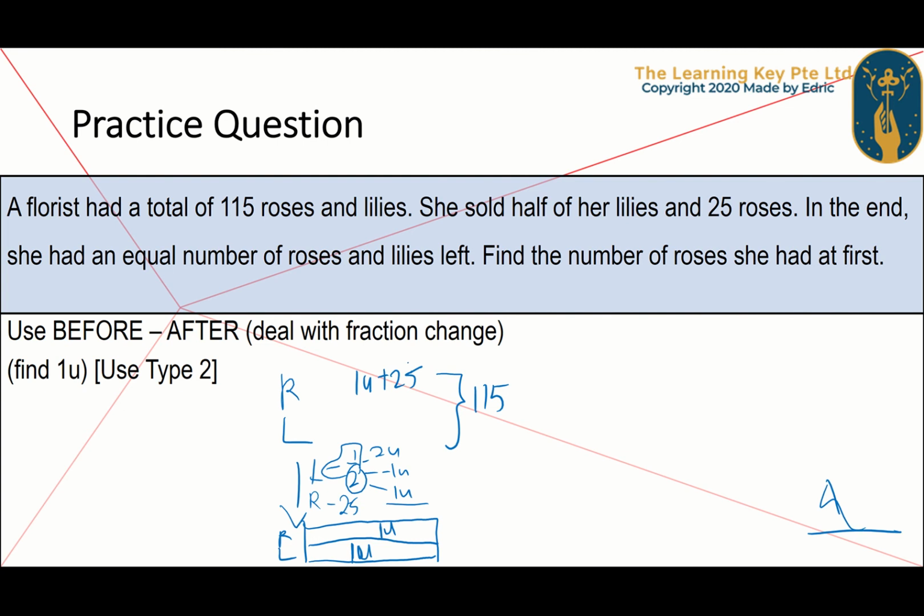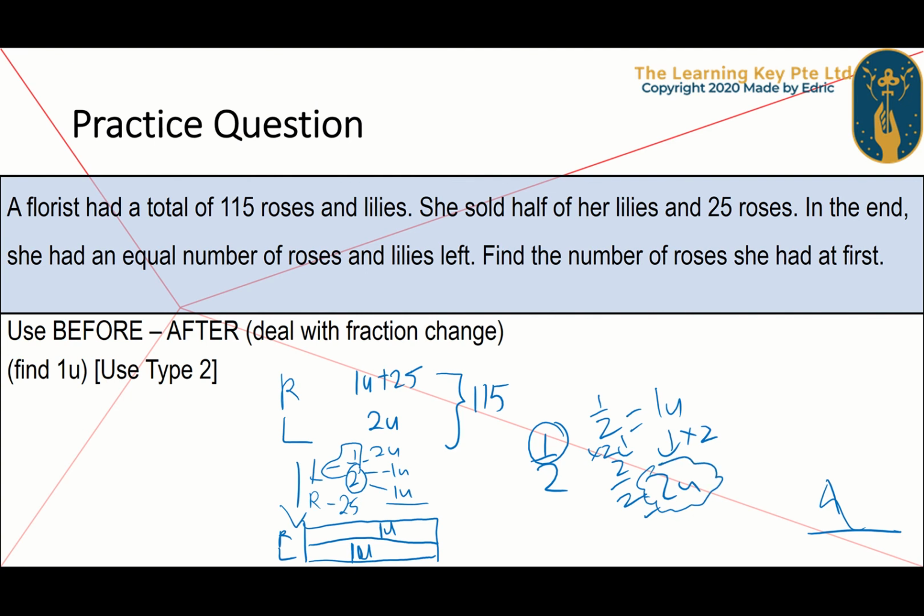And I can say this is 2 units. Why? Because he minus half. So if half equals 1 unit, isn't it 2 units? So this is 2 units, right?